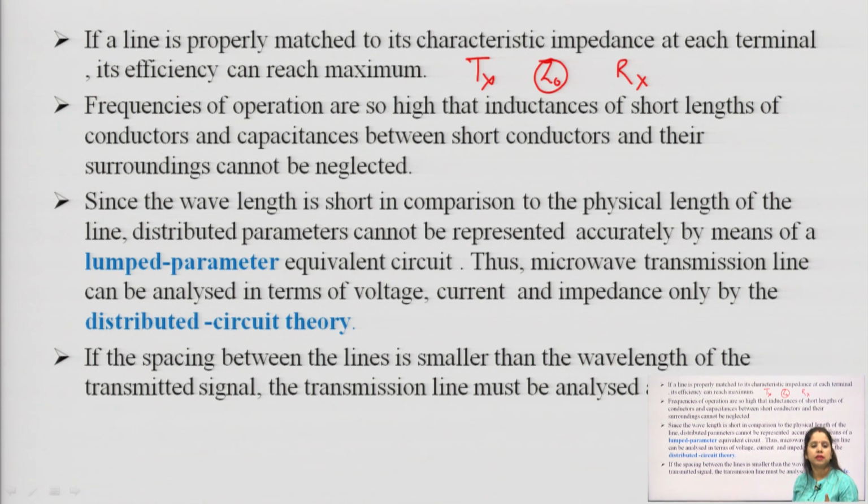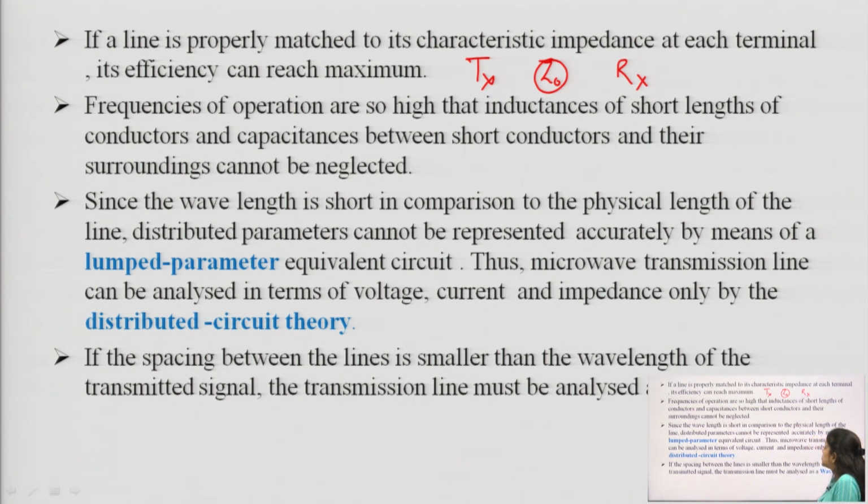In that case the impedance should be nearly equal or equal, and the efficiency will be maximum. What is the reason? Because if the matching is proper, there will be minimum reflection or no reflection.